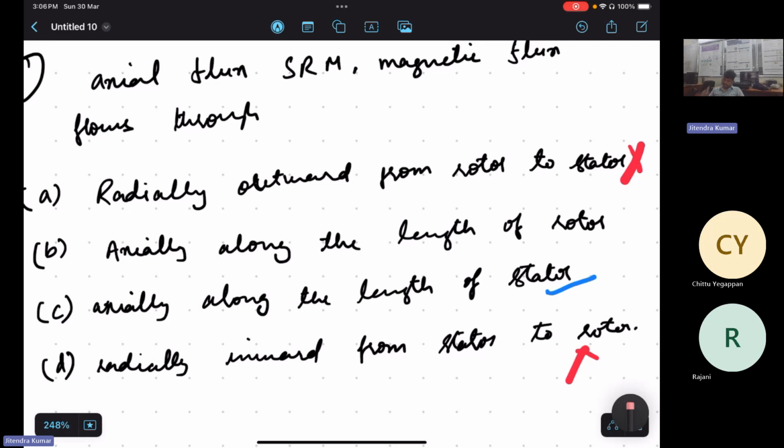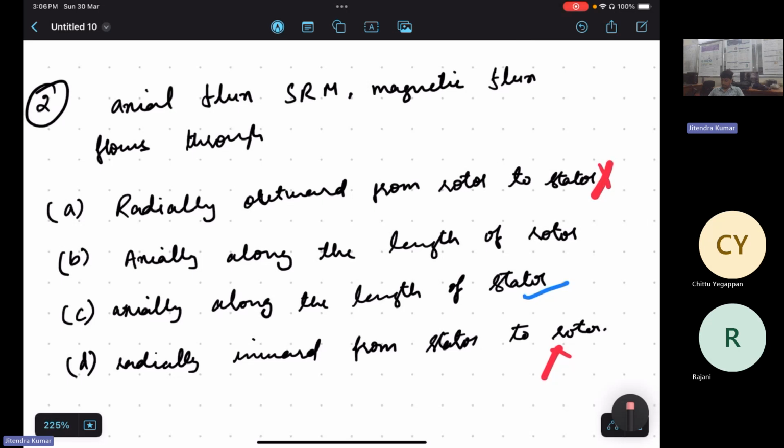So option C is correct as given, but ideally the whole statement should have been mentioned: it flows from the stator to the rotor and again to the stator, given that there are two stators and one rotor, or some such configuration. Anyway, if you see such a problem in the assignment, you can discuss it on the discussion forum as well.